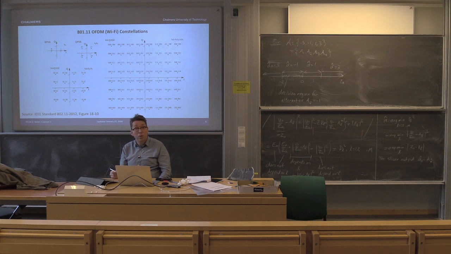The reason why you want to have many points here is that you get many bits per symbol, or another way to say that, the spectral efficiency increases. So in a 20 megahertz Wi-Fi channel, you can get different data rates depending on which constellation we use.